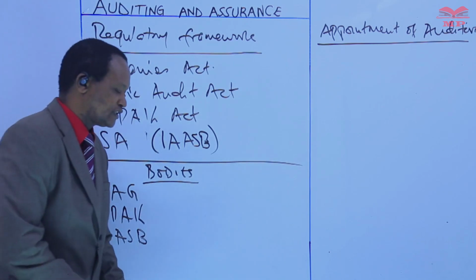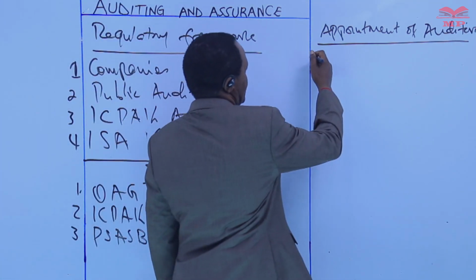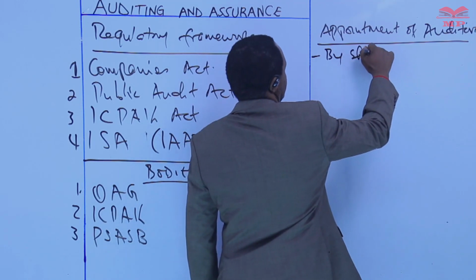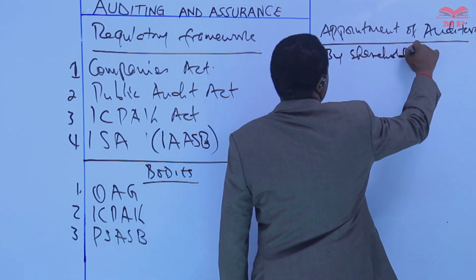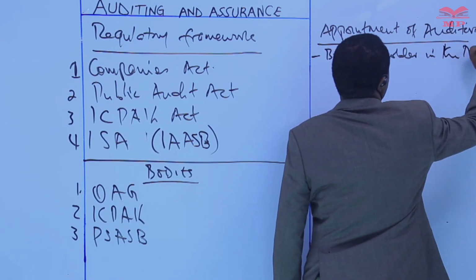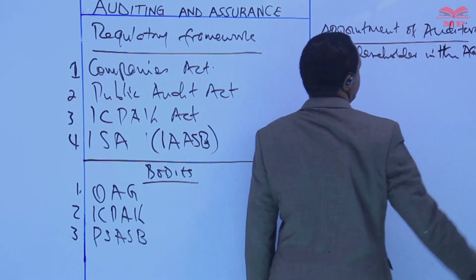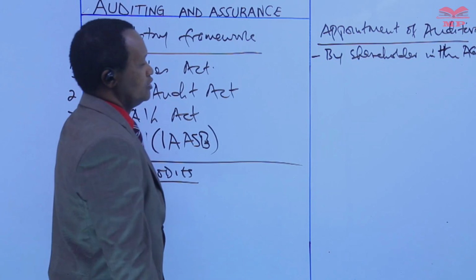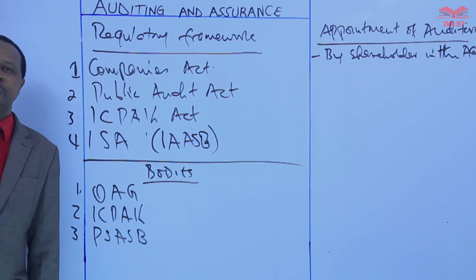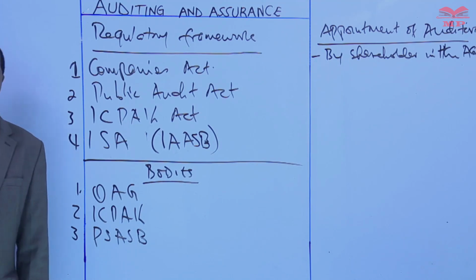So auditors, firstly, are appointed by shareholders in the AGM.